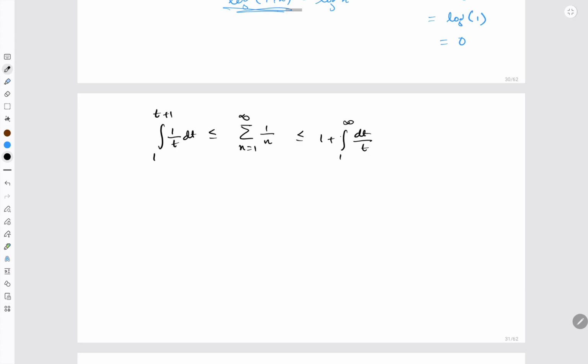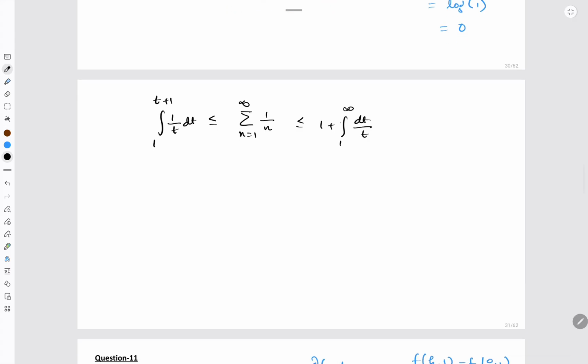So I have this thing everywhere. You have seen it in series that the sum of a finite series, this is the discrete summation, basically lies between these two bounds. The sum of anything an is less than or equal to 1 plus the integral of an dn from 1 to infinity, and the integral of an dn from 1 to infinity plus 1.